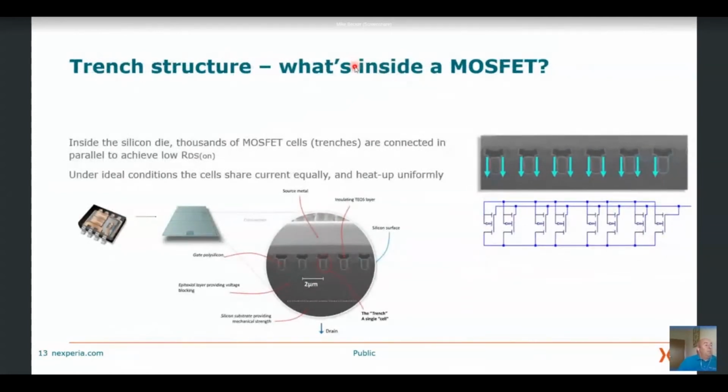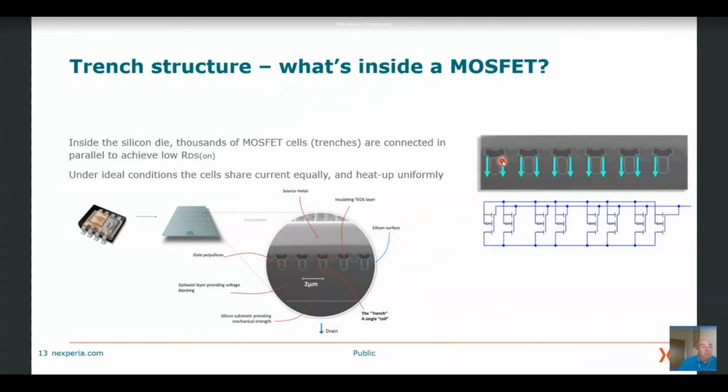So thinking about what's inside a MOSFET, as I mentioned, you've got a silicon die, and on that silicon die there are literally thousands of trenches all arranged in parallel. You can consider each of those trenches to be a MOSFET.